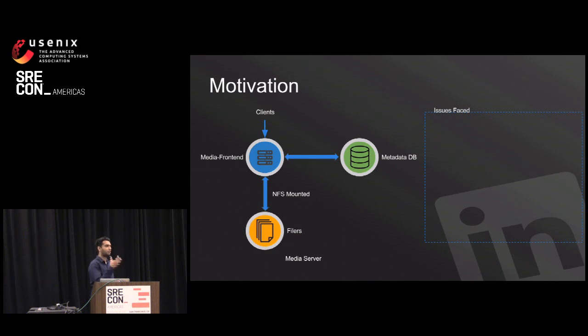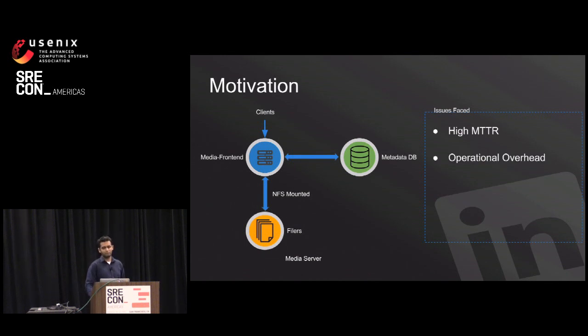First of all, these filers were a black box. We had a limited set of metrics to look into, and all that resulted in us having a very hard time to troubleshoot. So high MTTR. Whenever an issue happened, it took us a long time to find out what's wrong. Another thing is that there was a lot of back and forth between the metadata DB and the filer. So even for one single lookup, there were about 3 to 4 disk reads.